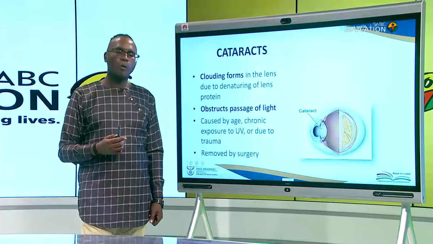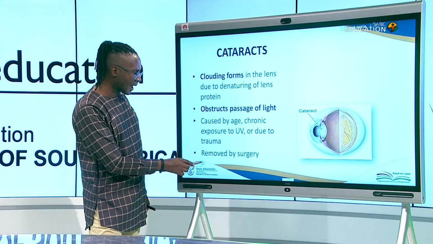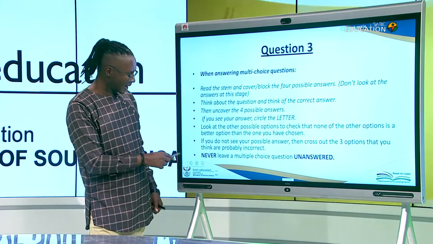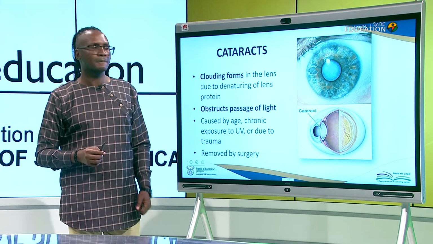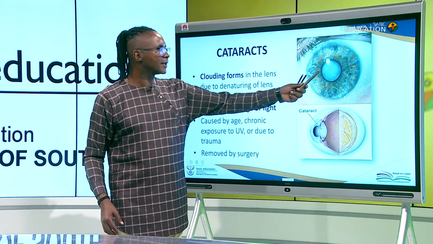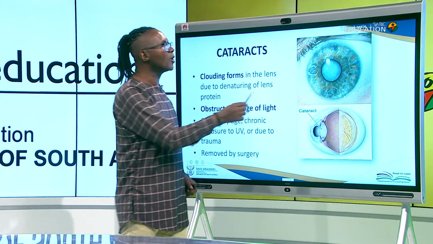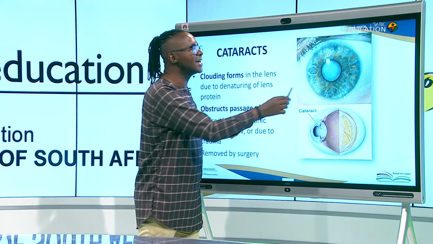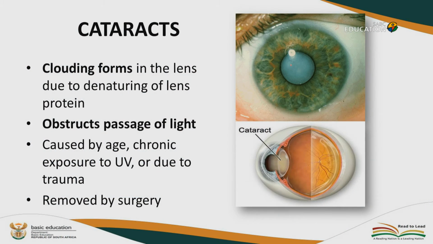So what could be done to rectify the scenario? Look at the lens. It's more cloudy, the denaturing of the protein in the lens. That's why we're saying it mostly attacks the elderly people. So they will have to undergo surgery in order to rectify the lens. So remember the nature and the treatment.